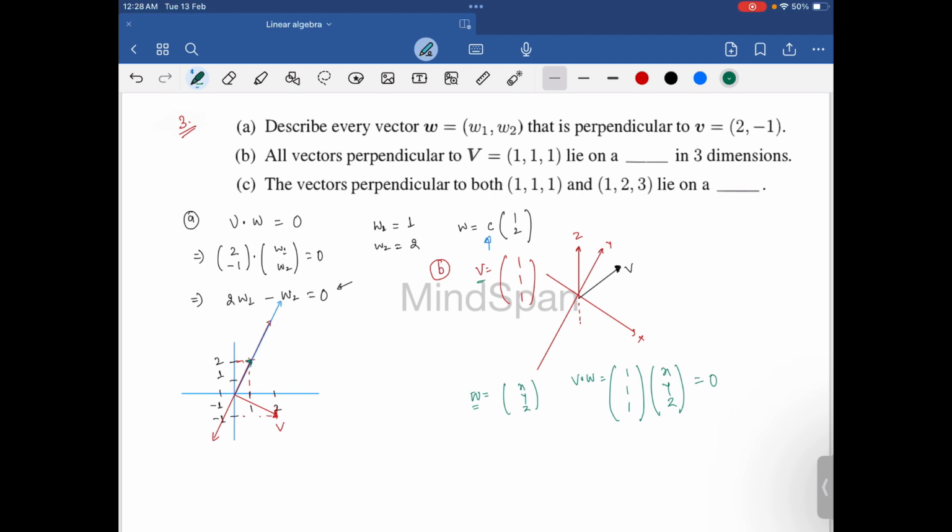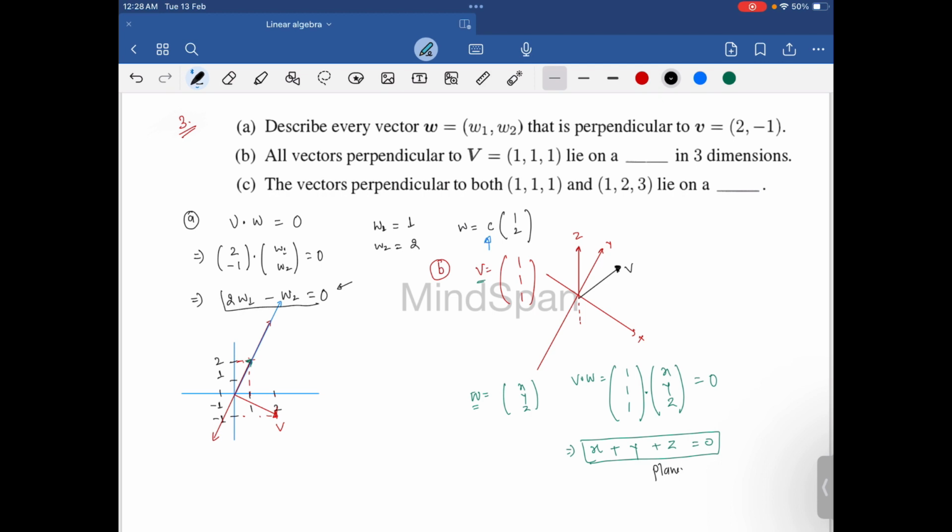The dot product is x times 1 that is x, y times 1 that is y, and z times 1 that is z, and at the end you get x plus y plus z equals 0. And what is this? This is nothing but the equation of a plane.